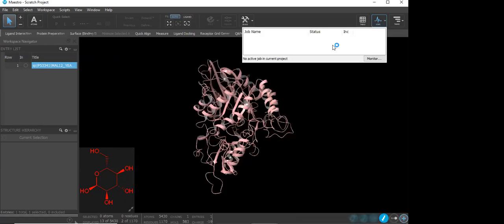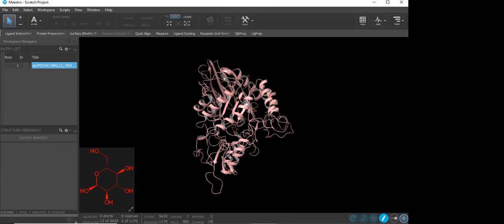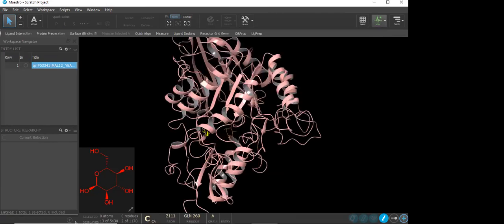You can see it in the workspace. Right now it started, but for completion it will take quite some time. But here you can see the already prepared model. After completion of the job, we'll get this kind of structure.